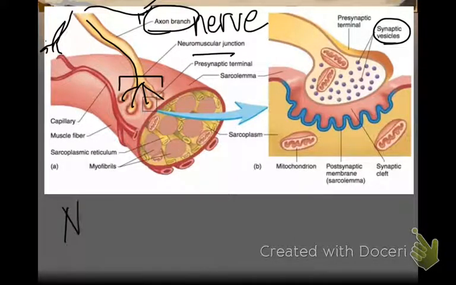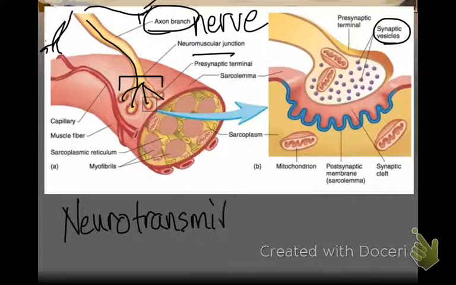Neurotransmitters are chemicals. Neuro for nerve, transmit, meaning to send a signal. Because nerves don't actually touch each other, they release chemicals that stimulate the cell they're trying to contact.